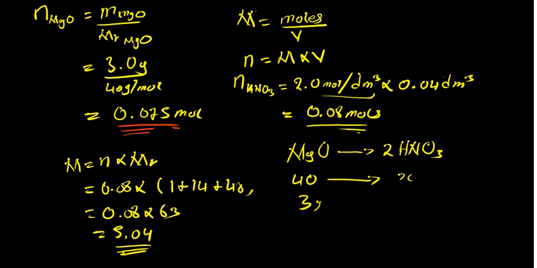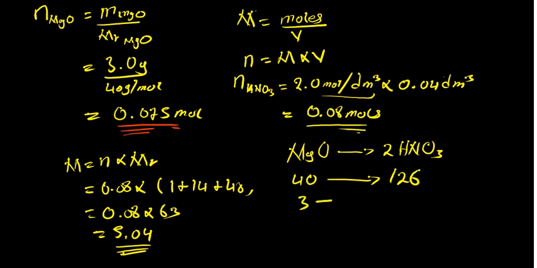Here we have the value of the formula mass. The formula mass that we found here was 63. Then we multiply 63 by 2. 63 multiplied by 2, we're going to get 126. Then here we have our 3.